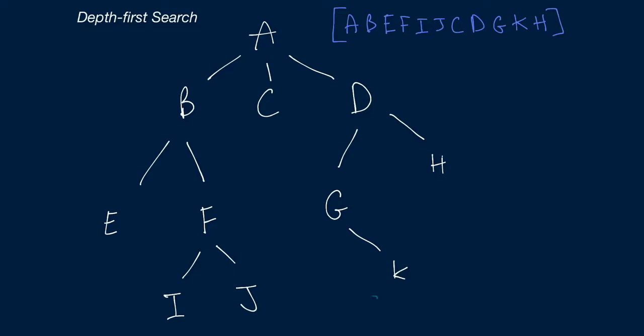So let's actually look at an example of this with the example that we have in front of us, and we'll rebuild our final array here at the bottom. So we start at the node A, the root node, and we call the depth-first search function on it. The first thing we do is add the letter A to the final array.